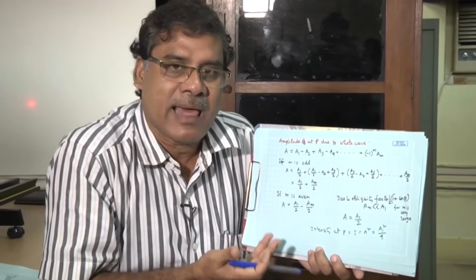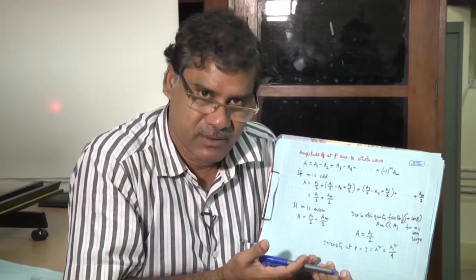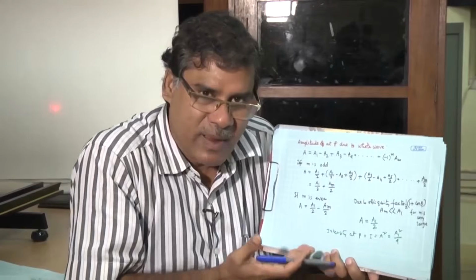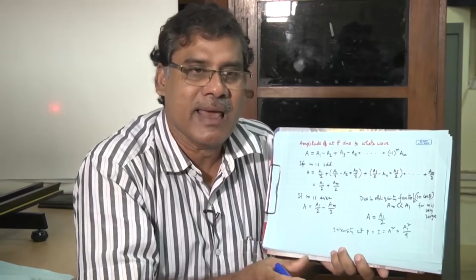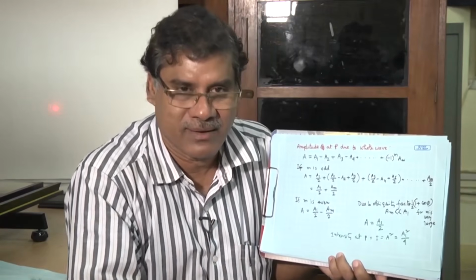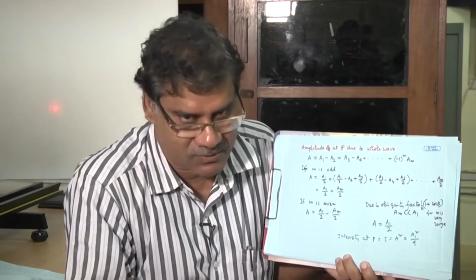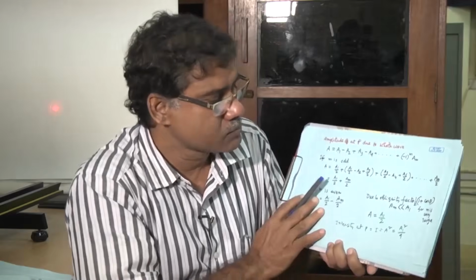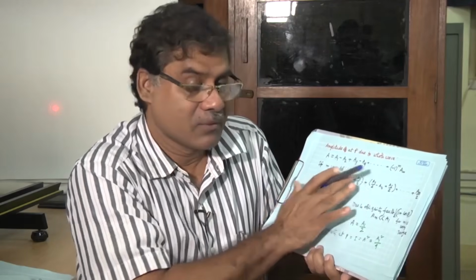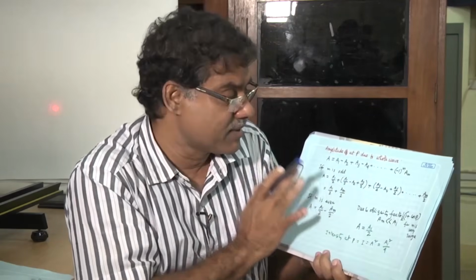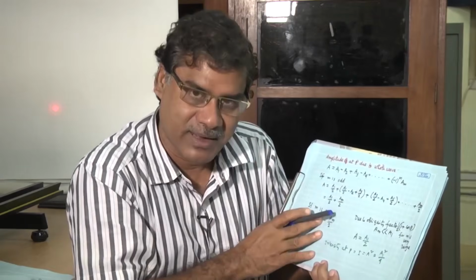It is nothing but like a convex lens. We use a convex lens to focus light at the focal point, and sometimes one can burn paper also. This is the beauty of the zone plate.